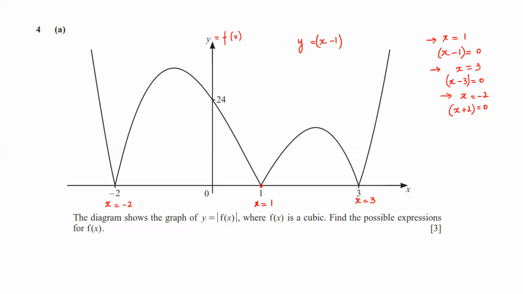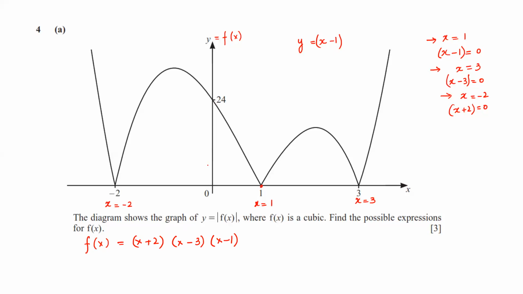To find possible expressions for f of x, you can say f of x can be (x plus 2) multiplied by (x minus 3) multiplied by (x minus 1). Okay, this is one value.